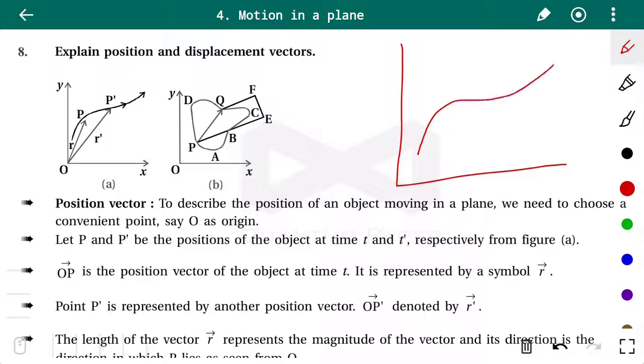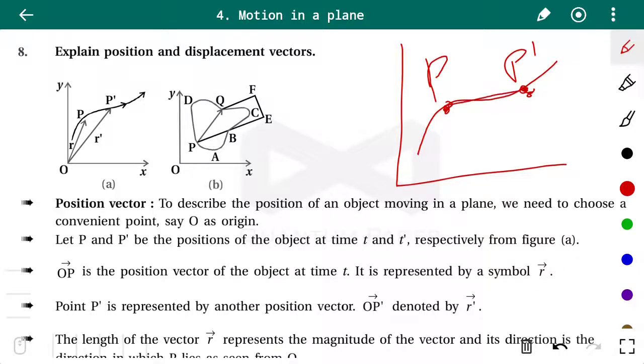That means we have seen this path of the object in which it is moving. We had considered that at time t the object is at P, at time t dash the object is at P dash, right? So for the displacement vector, we should know the position vectors, right? Initially the object is at P and then it is moving to P dash.